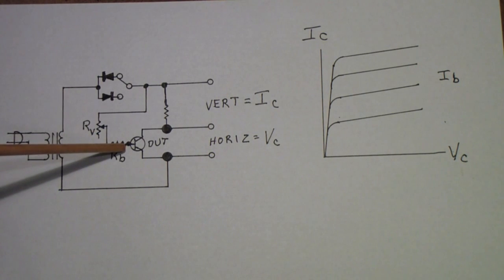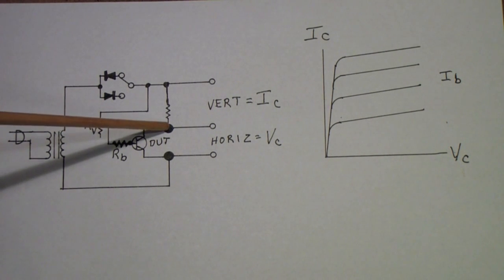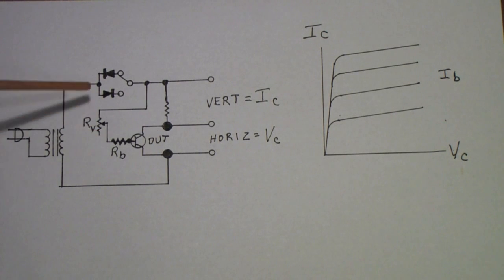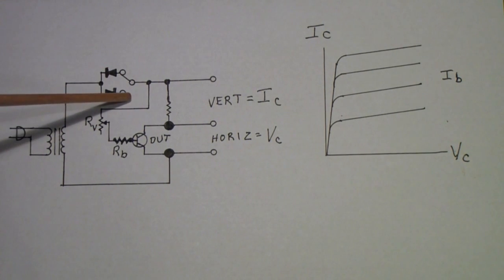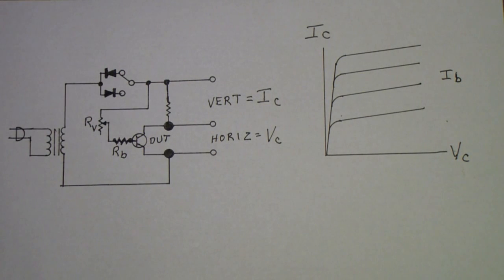For example, in this case, if this were a 3906, you want a positive voltage on the collector relative to the emitter. But this will not only produce a positive voltage, but also a negative voltage in the absence of the diodes. So the diodes are sometimes put in so you can switch between NPN and PNP transistors.